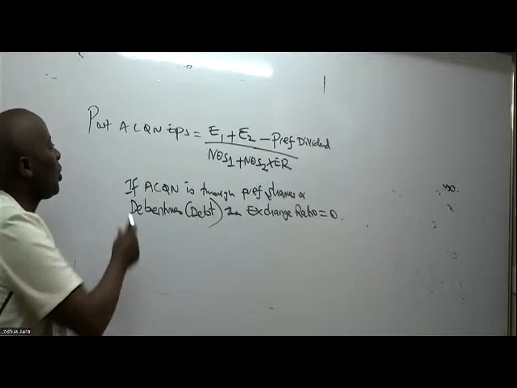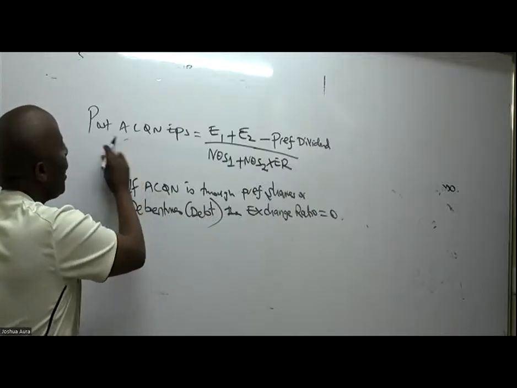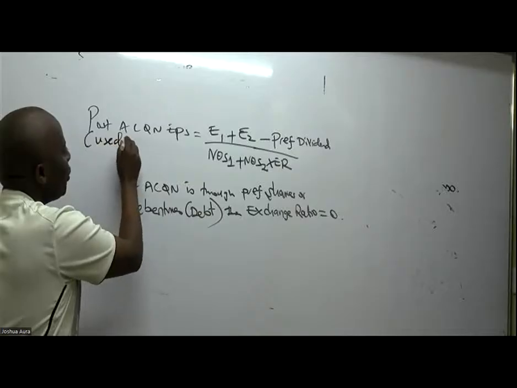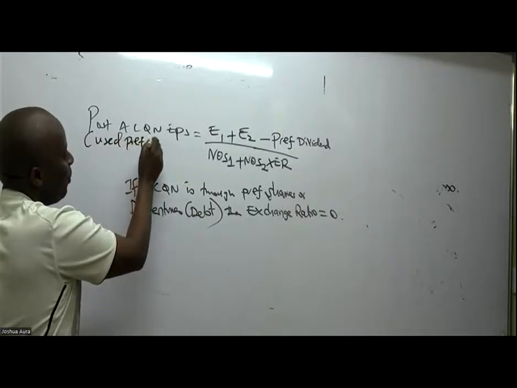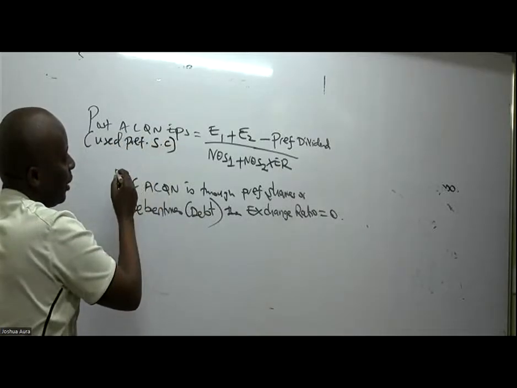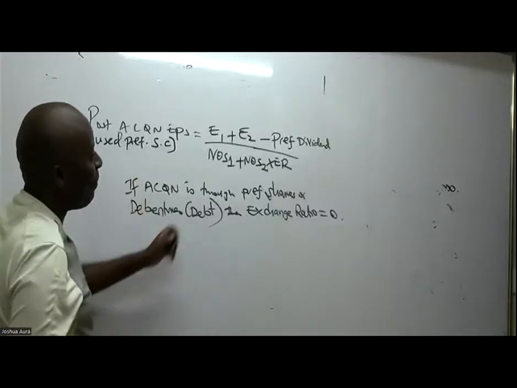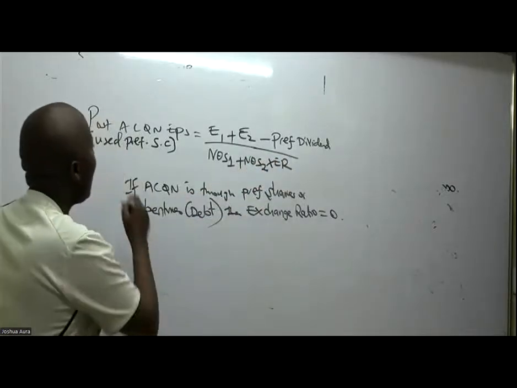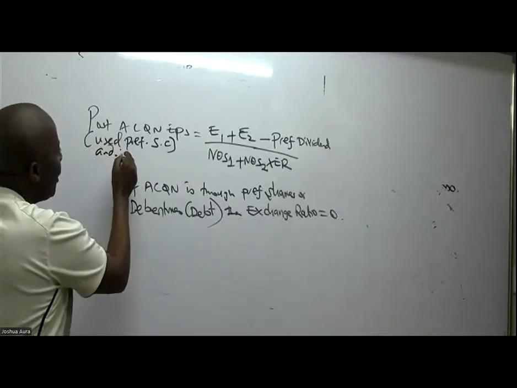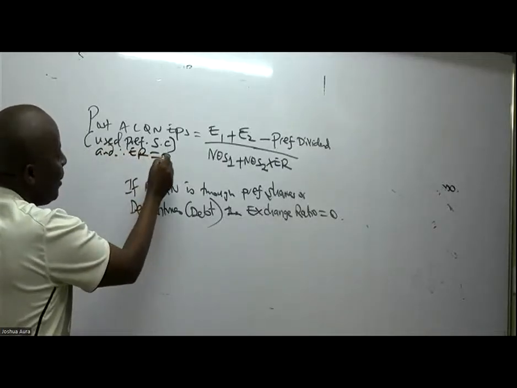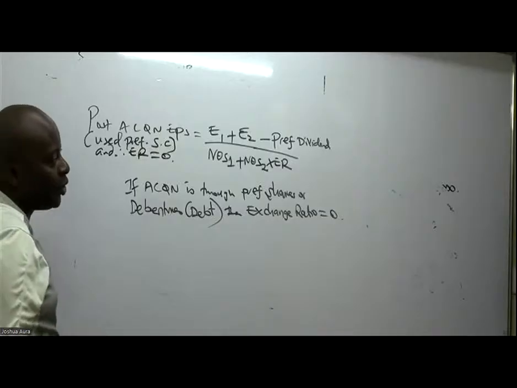If you look at the question that I'm trying to handle here, they used preference share capital, and that is why I'm paying preference dividend here. And therefore, the exchange ratio here must be 0.